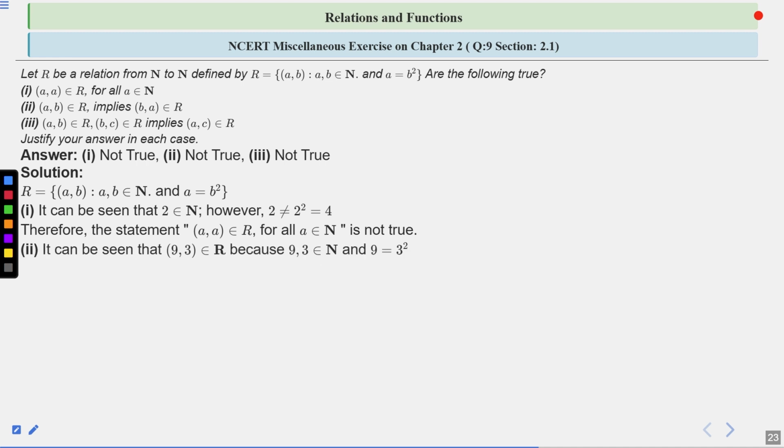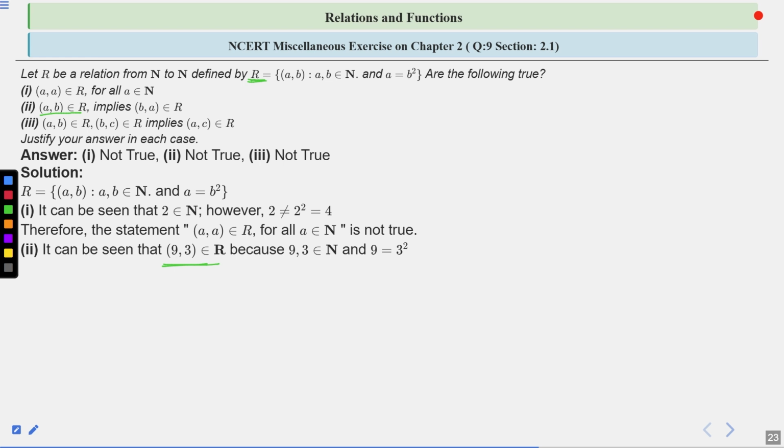Now for the second, if any pair (a, b) is in the relation R, we take the pair (9, 3), which is in R, yes, as 9 is equal to 3 square. So this condition is satisfied. But are we having (3, 9) in this relation R?